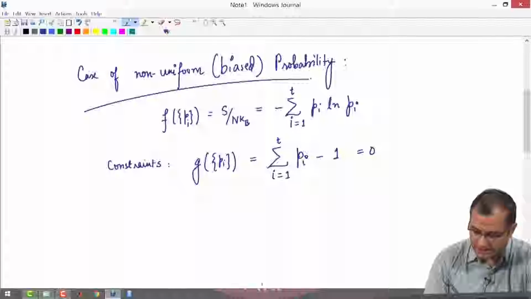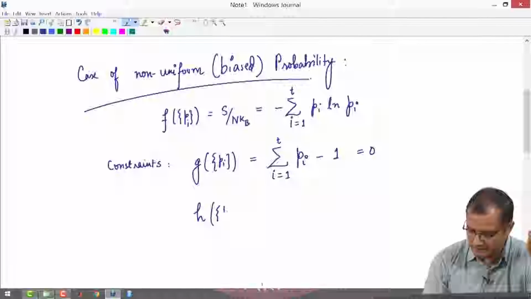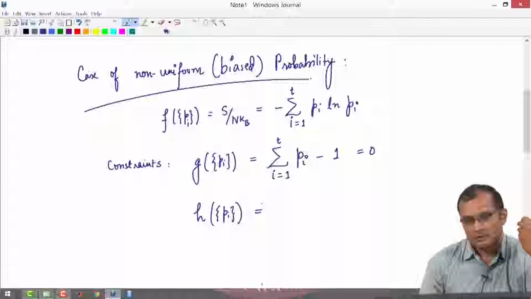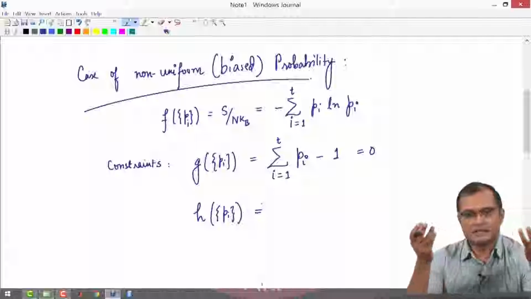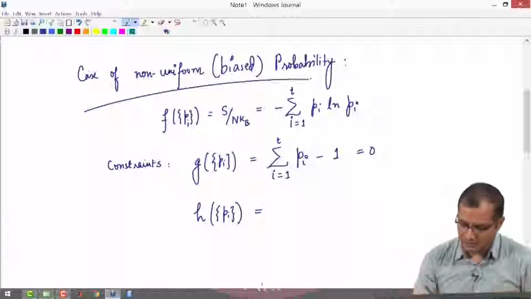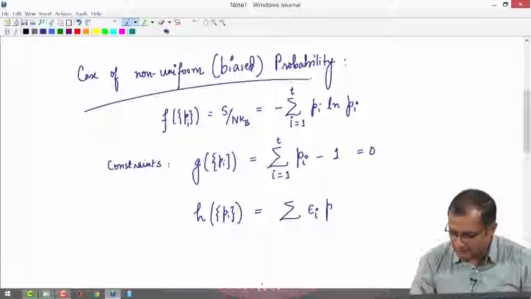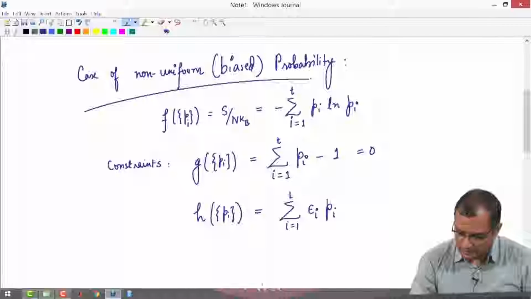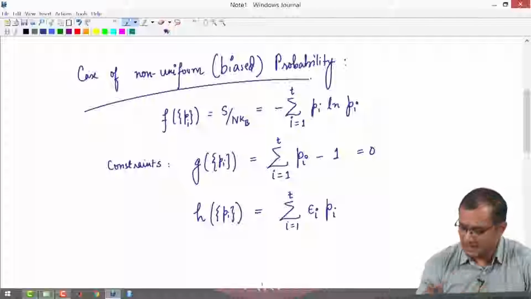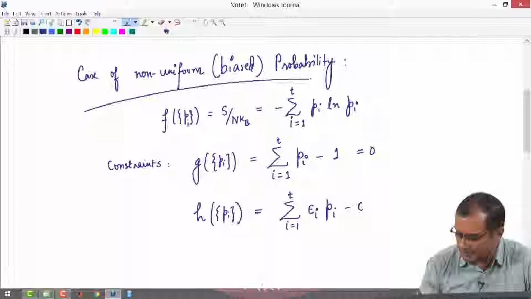I have another constraint now. I call it a function h, which is a function of all these probabilities, as the average outcome is fixed to some epsilon. The average would mean I call the outcome of each face epsilon_i with the weight p_i, and i is summed over all t possible outcomes, and this is basically nothing but epsilon.